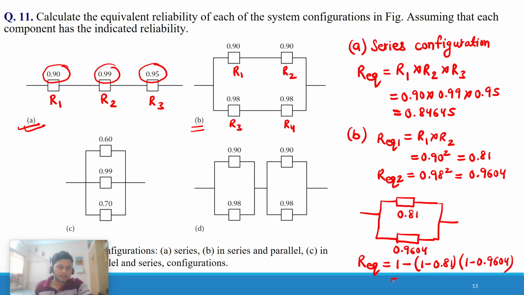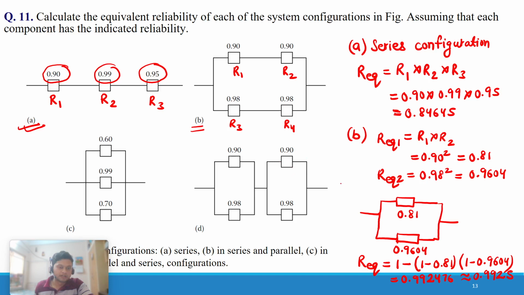So it will be equal to 0.992476, so equivalent is equal to 0.9925. So the correct answer for this 11B is 0.9925.